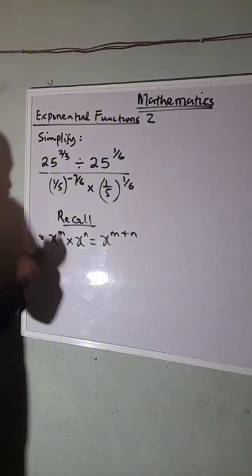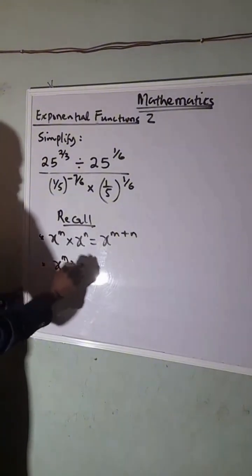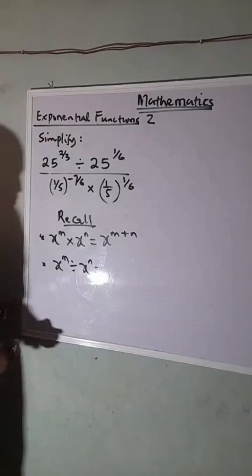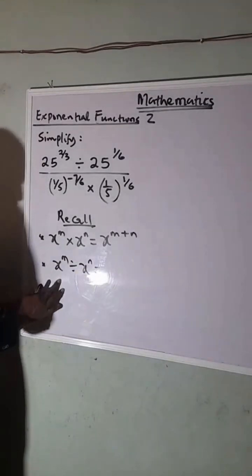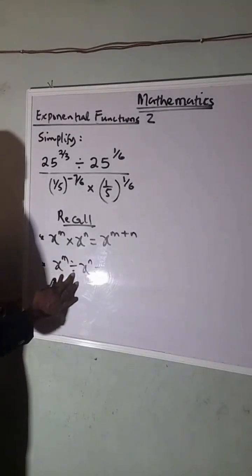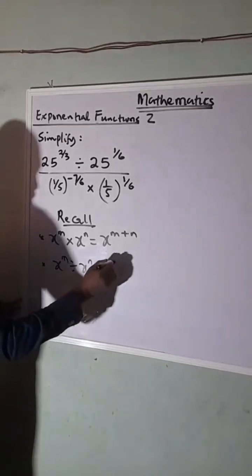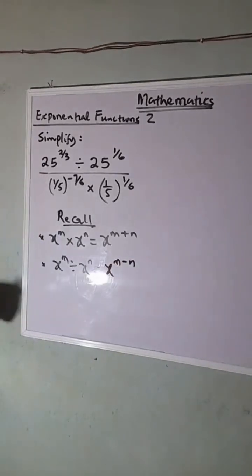Second one, x raised to the power of m divided by x raised to the power n: when the bases are the same, and division is what you are seeing here, it will turn to subtraction of the powers, m minus n. Seeing the law, seeing what is on the board, the numerator is division, so we are going to write the base down and do a subtraction of the powers. The denominator, the base is 1 over 5. We are going to write one of the base and add the powers together.